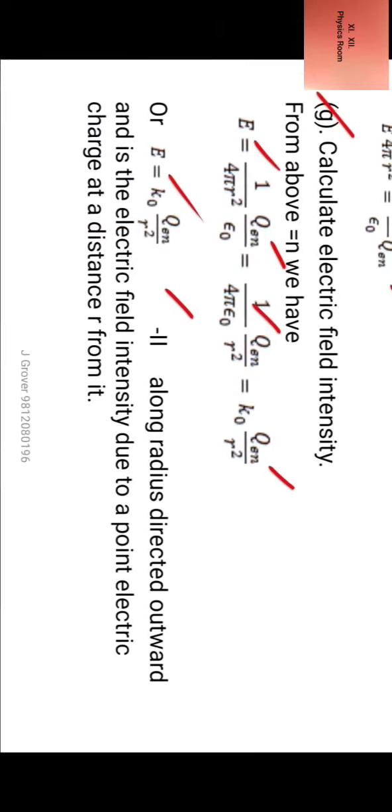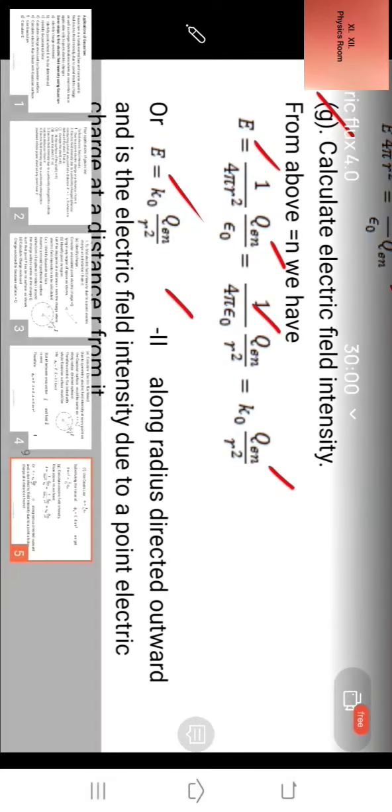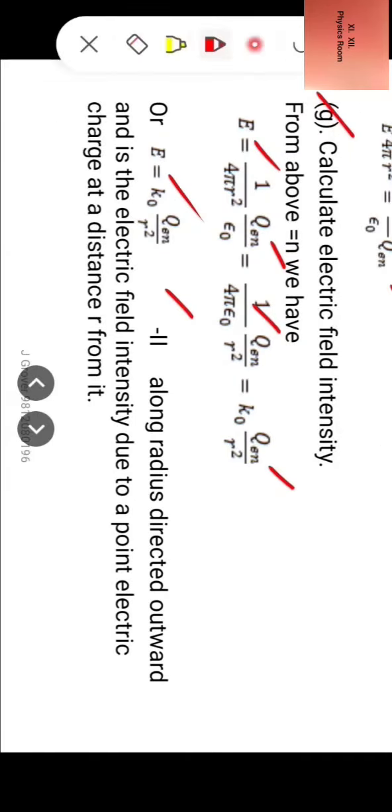And this field is along the radius directed outward and is the electric field intensity due to a point electric charge at a distance r from it. So, this way we can derive electric field intensity due to a point electric charge at a distance r from it using Gauss law.